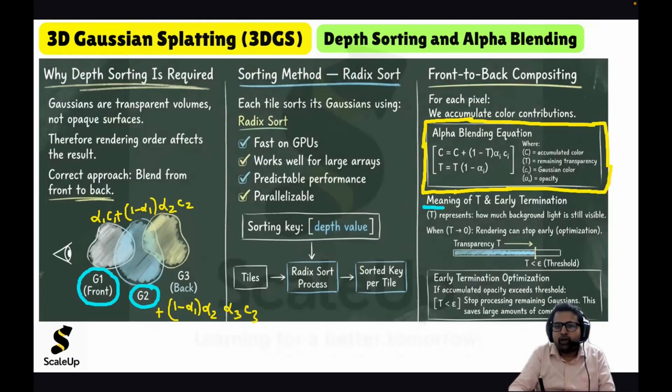Now let's talk about the meaning of T and early termination. The meaning of T we already saw: remaining transparency. T represents how much background light is still visible.